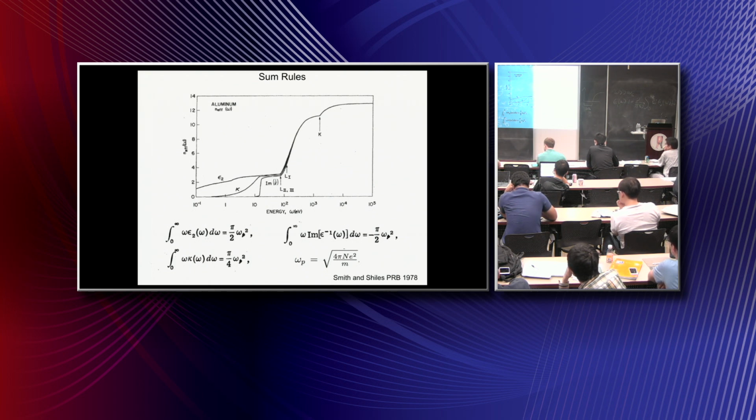Okay? So for free electrons, as omega goes to infinity, I can assume then that the dielectric constant of this thing, as omega goes to infinity, the free electron result at high frequencies is 1 minus omega p squared over omega squared, okay?